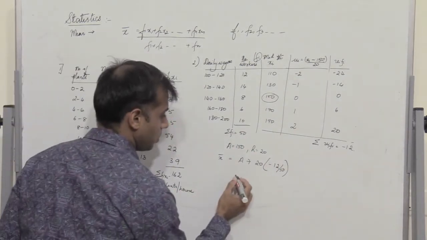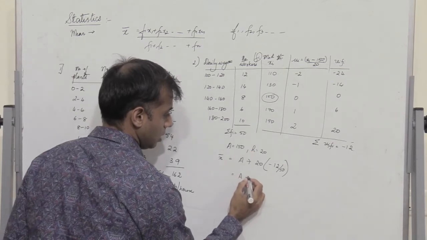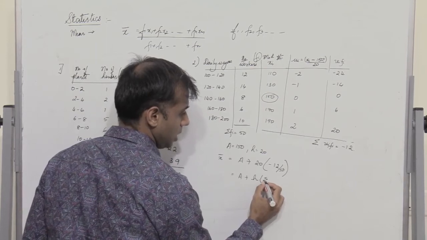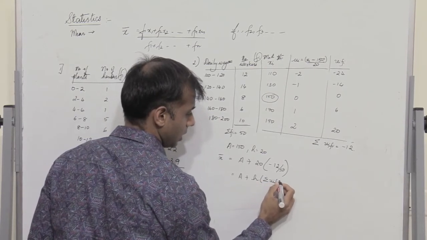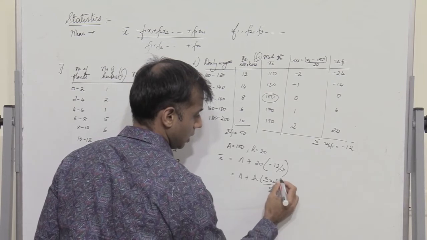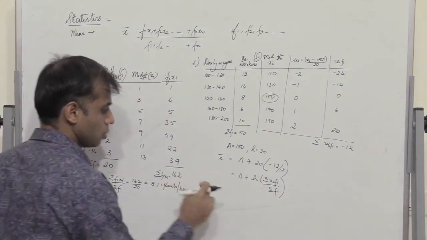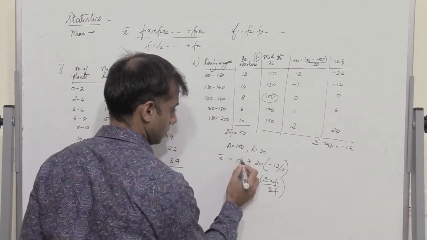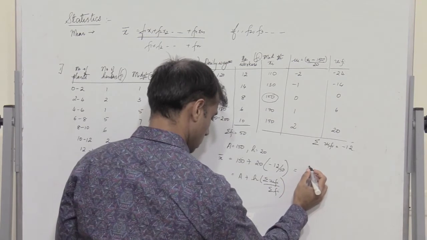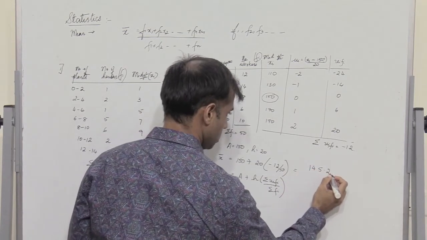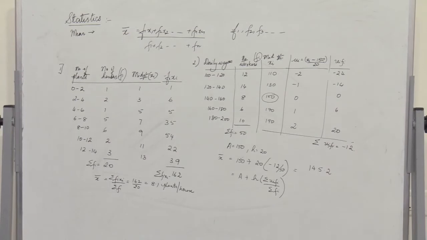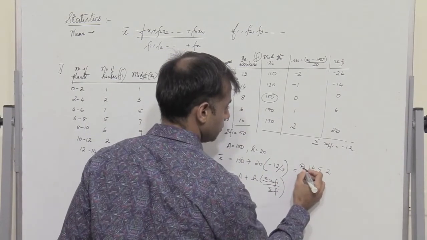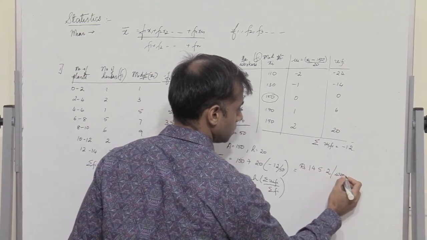So the general expression is a plus h into summation ui fi divided by summation fi. So a is 150 here. So we get the value as 145.2. So the mean wage of the worker is rupees 145.2 per worker.